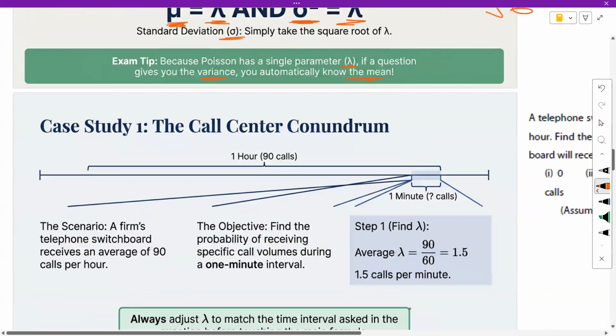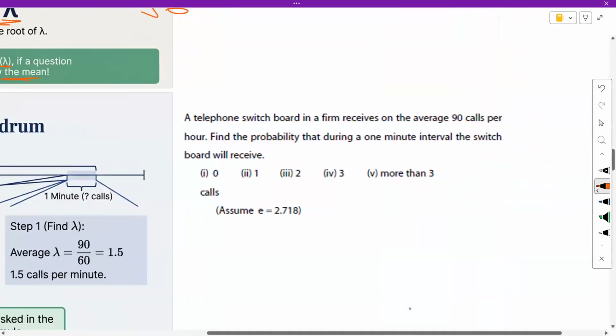Here is one case study example, the call center. A telephone switchboard in a firm receives on average 90 calls per hour. Find the probability that during a 1 minute interval, the switchboard will receive 0 calls.